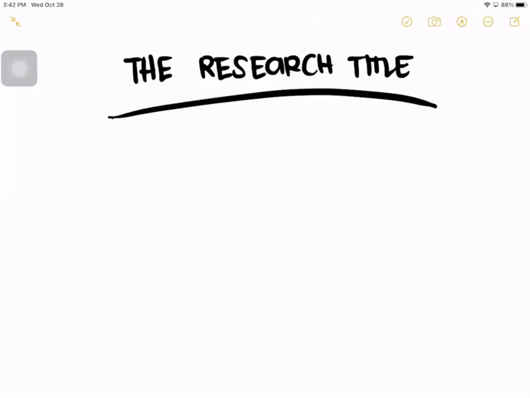Now, we must remember that doing a research title is not only a one time task. It's actually developmental. And what do we mean when we say developmental?